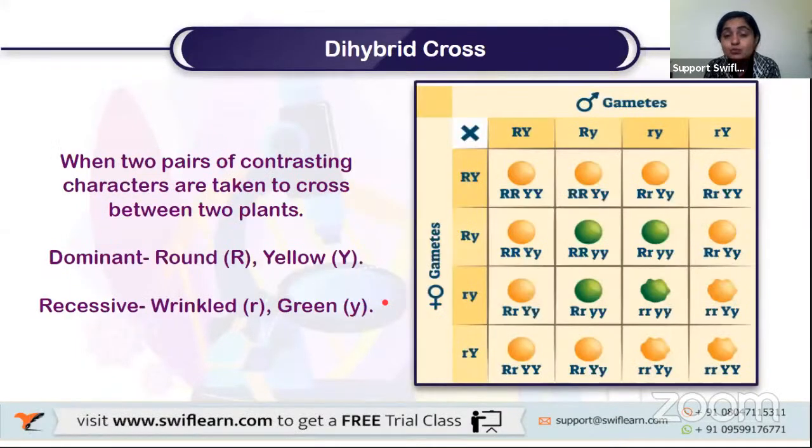Now, this one, the dihybrid cross, it's kind of the same matrix but a little bigger. Okay, we will look at the matrix a little later. Let's first read out what exactly the dominant traits and the recessive traits are and how they are nominated over here.